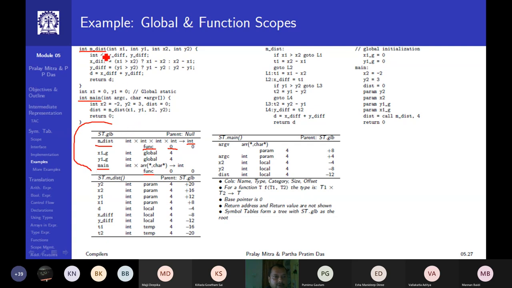Similar to that, corresponding to each function, there will be one symbol table. So I have one st.main corresponding to the main function, whose parent is st.global.